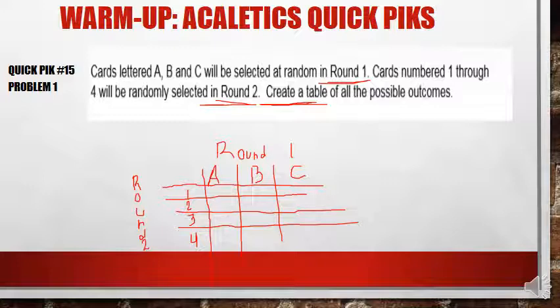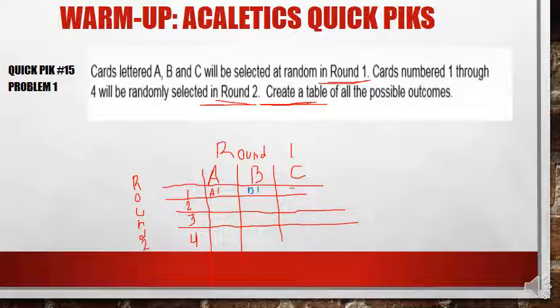So now all I'm doing is attaching every round 1 to every round 2. So right here, this is going to be A1. Let me see if I can put that in another color for you guys. Let's do blue. All right, this is going to be B1. All I'm doing is going to the B, going down, looking across, and that's 1.